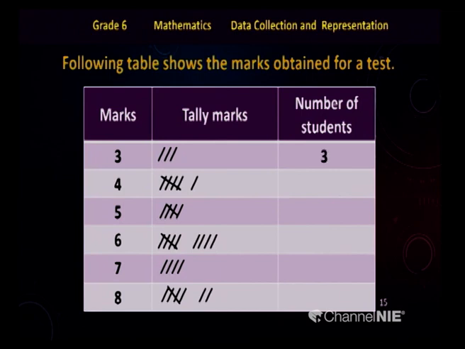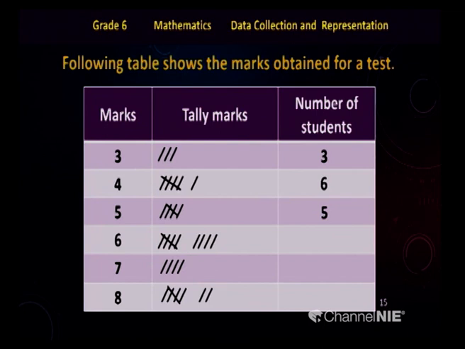Then how many students have taken a mark of 4? That is 5 plus 1 is 6. Then how many students have taken a mark of 5? That is 5, because you can see 5 tallies only. Then next one, 6. How many students have taken this mark? Here 5 plus another 4 tallies you can see.